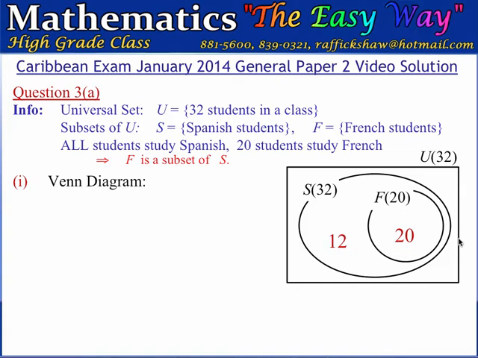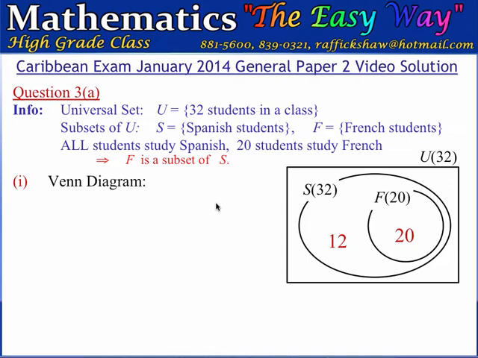Now this is one way that this Venn diagram could be represented, but we could also use a representation whereby we use the Spanish set as a universal set. Since all the students in this universal set study Spanish, we could use the Spanish set as a universal set.